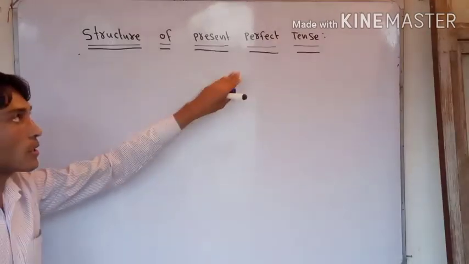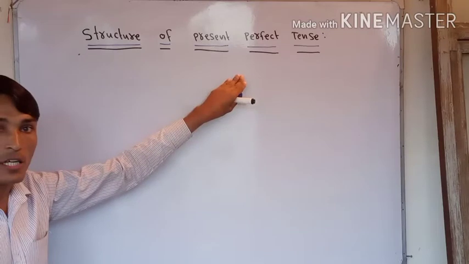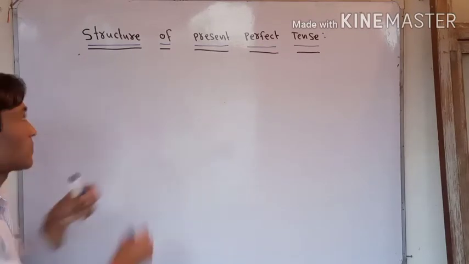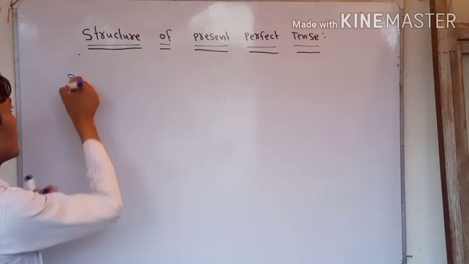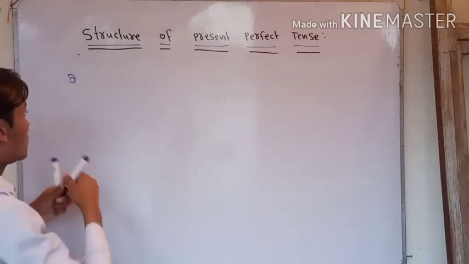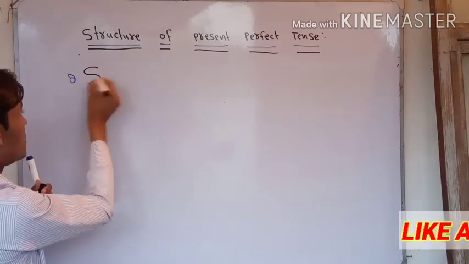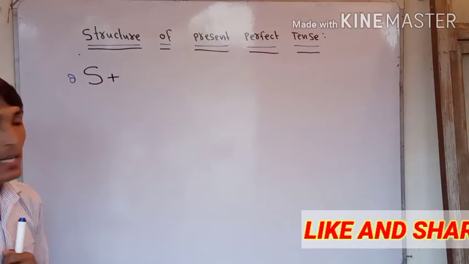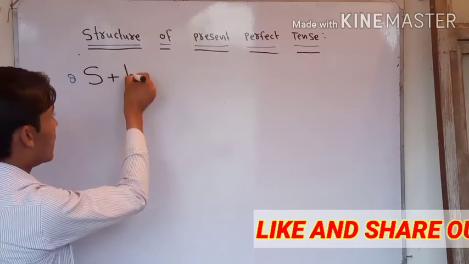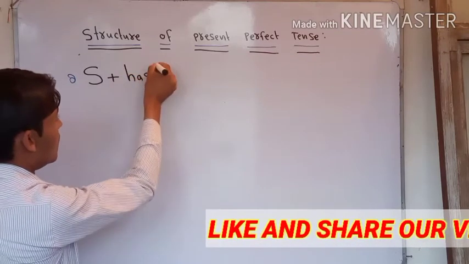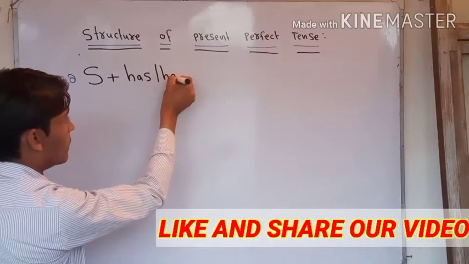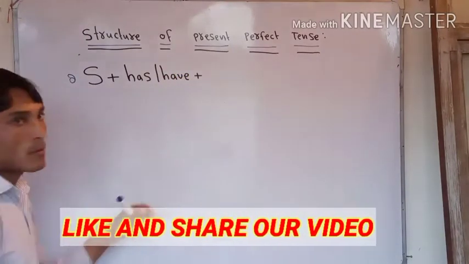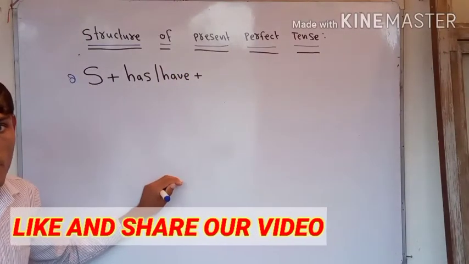When you want to make a statement in present perfect tense, first of all we need a subject. After the subject we need has or have, plus the third form of the verb. The third form of verb is also called the past participle form of verb.